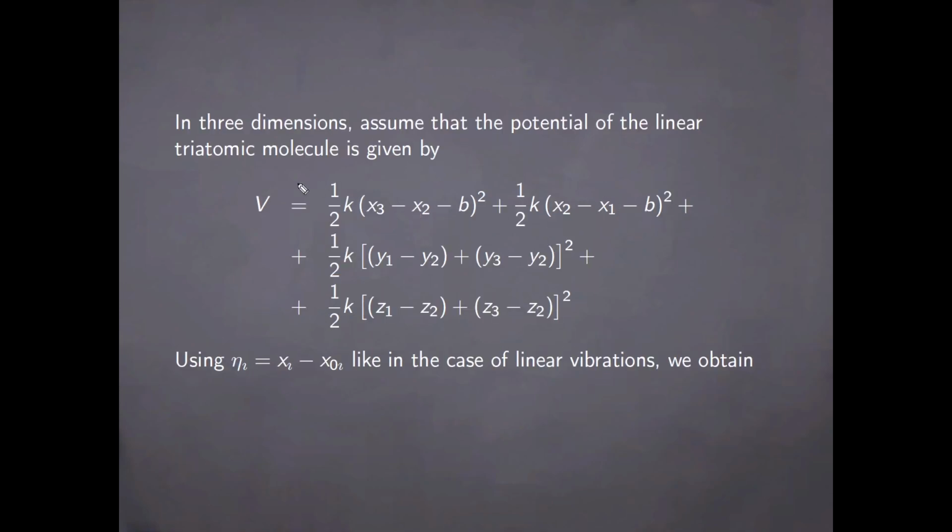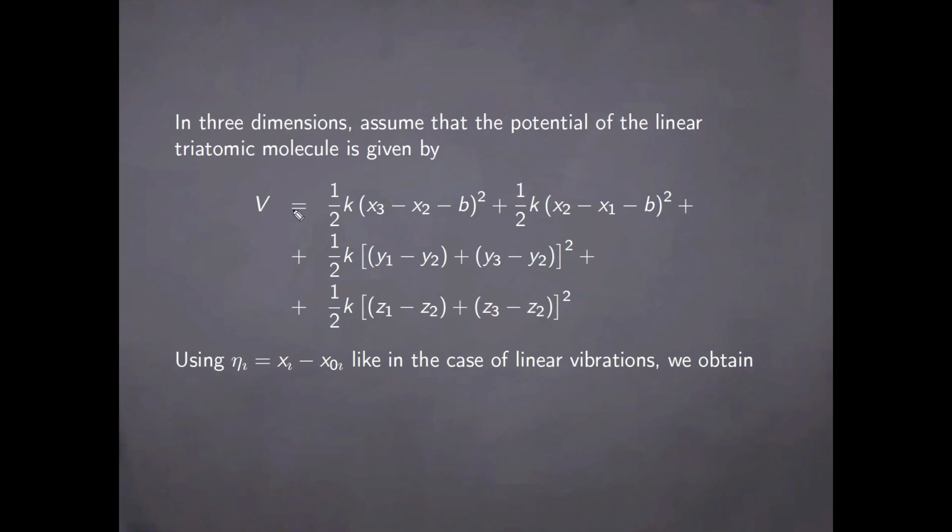Going back to the original problem of the triatomic molecule, we can now look at the more general motion. So we can consider vibrations that are no longer constrained to the molecular axis, but which can also take place in the y and z planes.